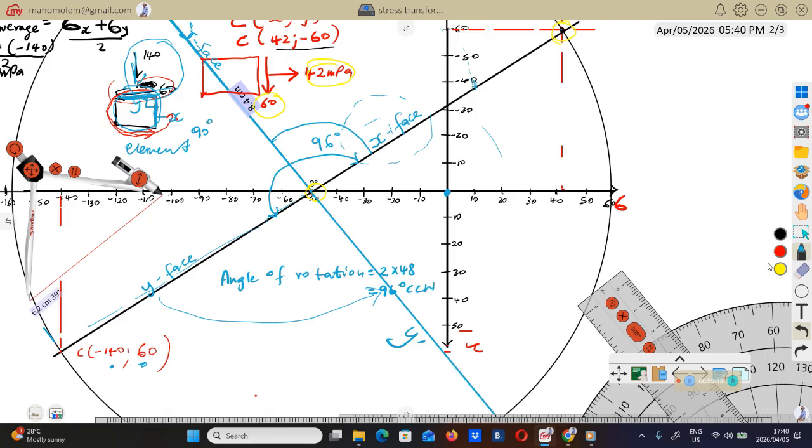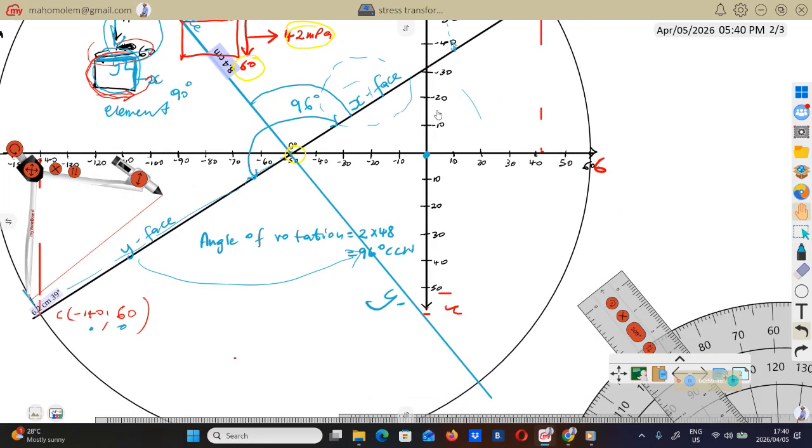If you want to know the new stress after rotating the element by 45 on the y face, you will have to measure from here up to there, but horizontally. Okay, let's measure those stresses.